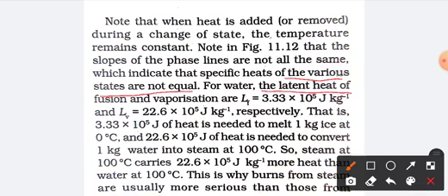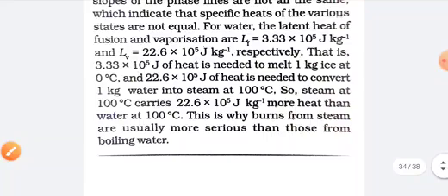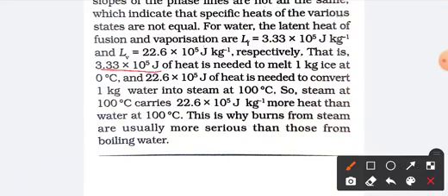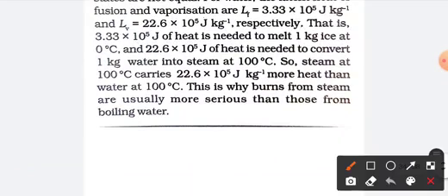For water, the latent heat of fusion and vaporization are 3.3 into 10 raised to power 5 joule per kg and 22.6 into 10 raised to power 5 joule per kg respectively. That is, this much heat is needed to melt 1 kg of ice at 0 degree Celsius, and this much heat is needed to convert 1 kg of water into steam at 100 degree Celsius. So steam at 100 degrees Celsius carries this much more heat than water at 100 degrees Celsius.